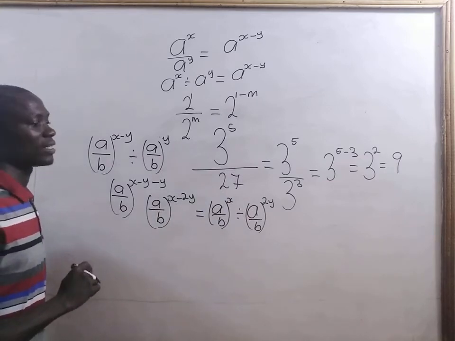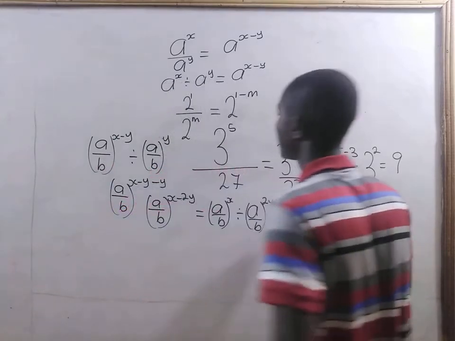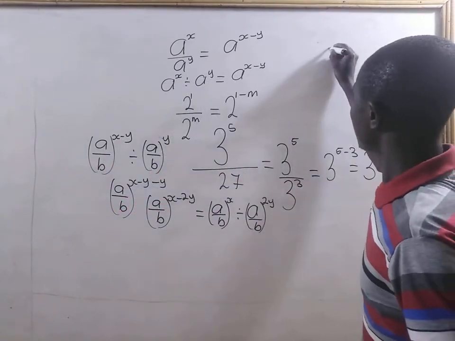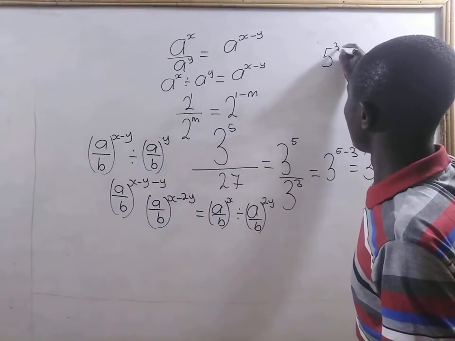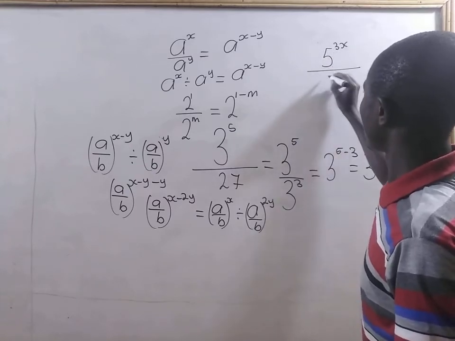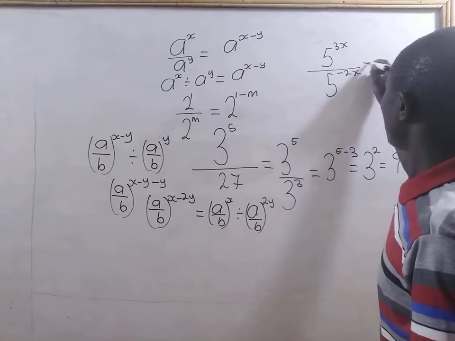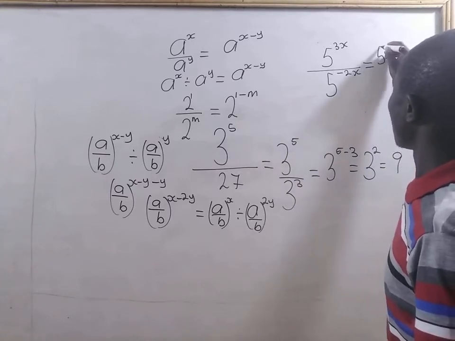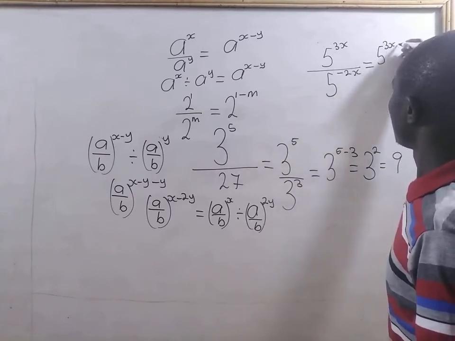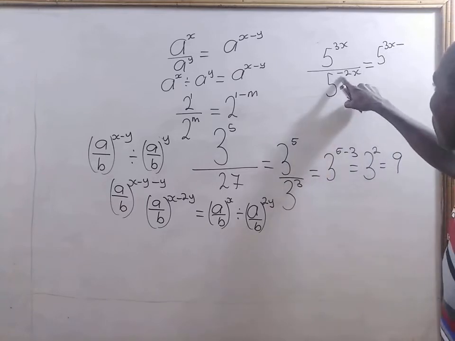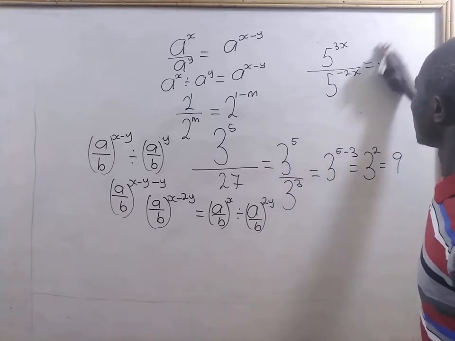Very simple as that. So now, if I have, let's say, 5 exponent 3x divided by 5 exponent negative 2x, then this is the same as 5 exponent 3x minus, and we have another minus here. So let's write it here.